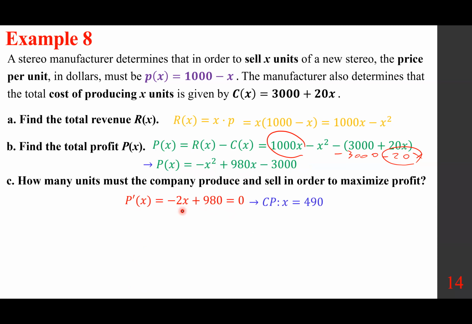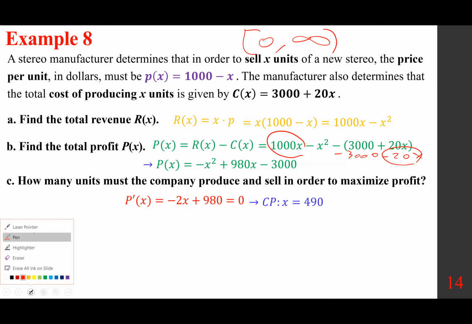There's only one critical point. As far as the domain for x, you could say 0 to infinity, because it's possible that we do 0 and we don't produce anything, which doesn't give us any profit to begin with. That's why in essence, you can treat it as an open interval.